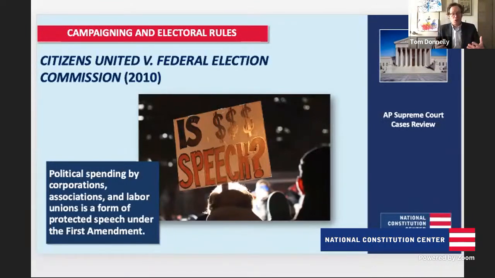And so here Citizens United is challenging that congressional ban on political spending for corporations and labor unions. And the Supreme Court in a 5-4 decision said, Citizens United, you're right. And effectively it struck down this congressional ban on political spending by corporations and labor unions. And again, it shows just the very broad protections that the Supreme Court has recognized under the First Amendment over time.